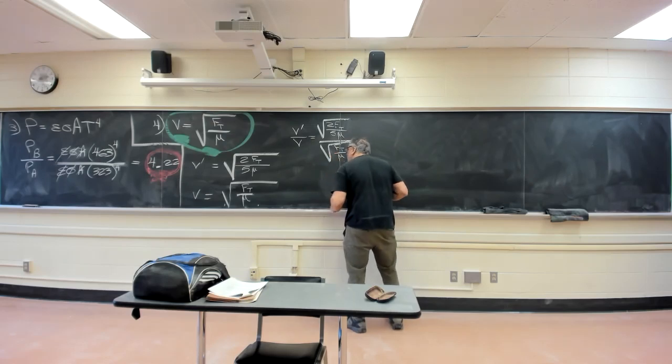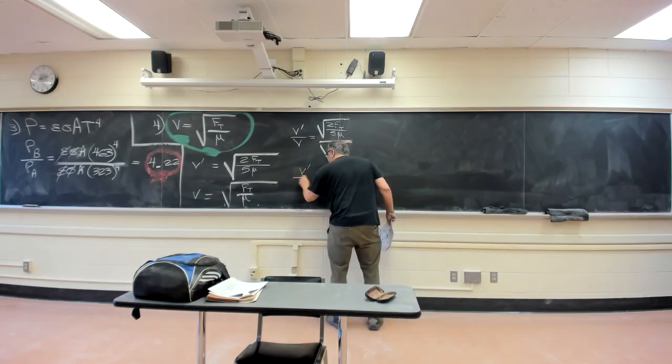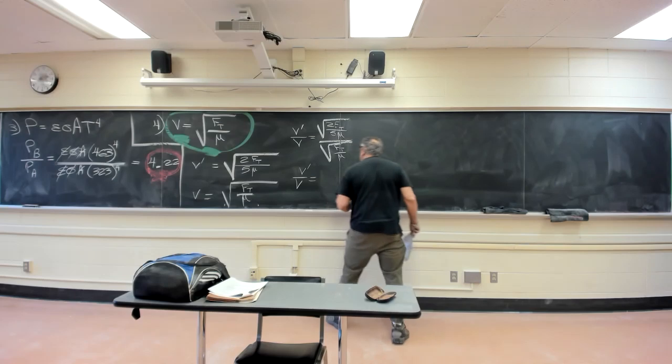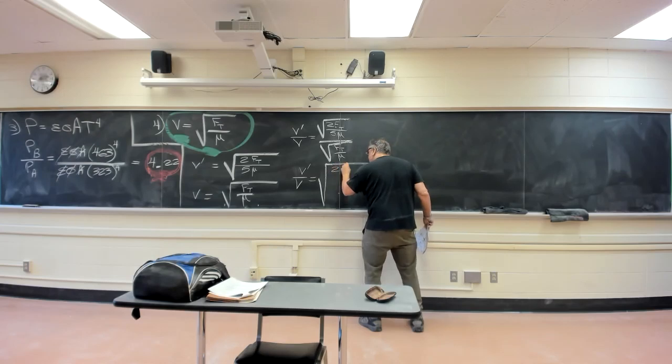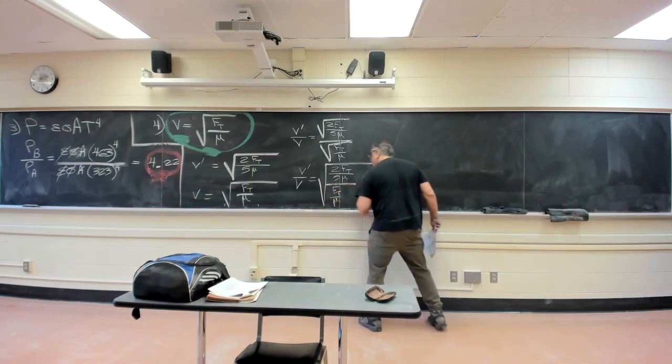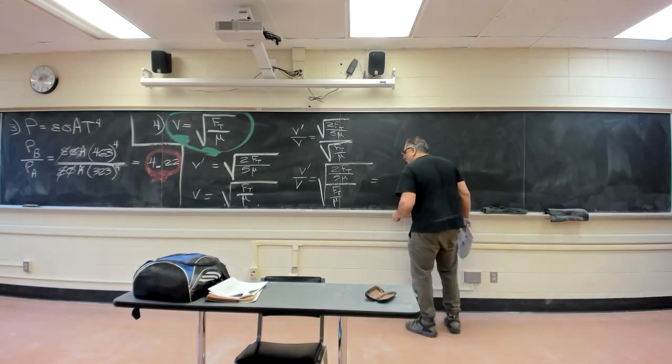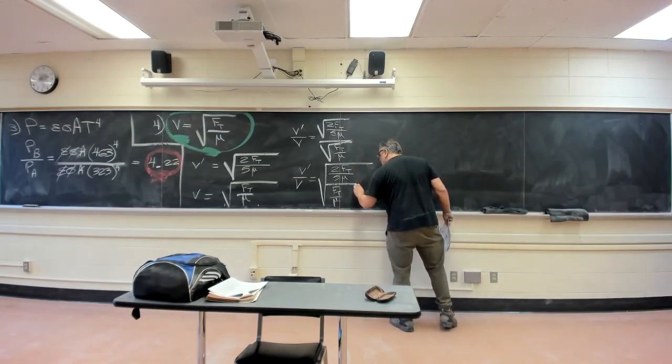Now we're going to use our skill in the mathematics for some of the basic operations. The ratio of two roots is the root of the ratio. So you got F sub T over mu. The mu pops up.